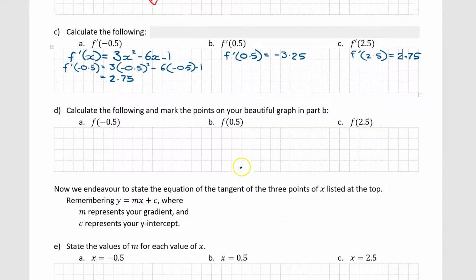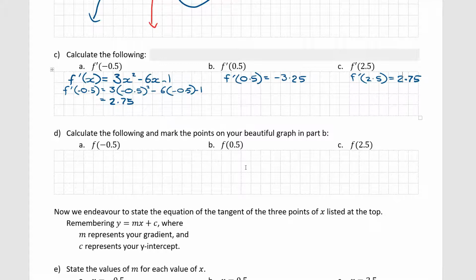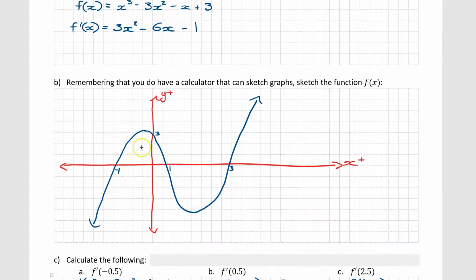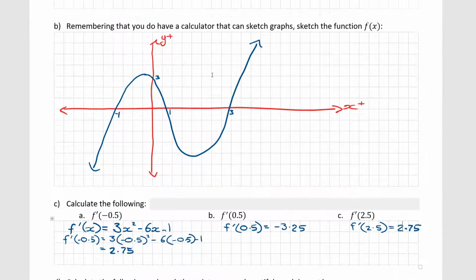Now going down, it's saying calculate the following and mark the points on your graph in part B. So f of negative 0.5, f of 0.5, and f of 2.5. This one is f of, not f dash of. So f of x is equal to x cubed minus 3x squared minus x plus 3.